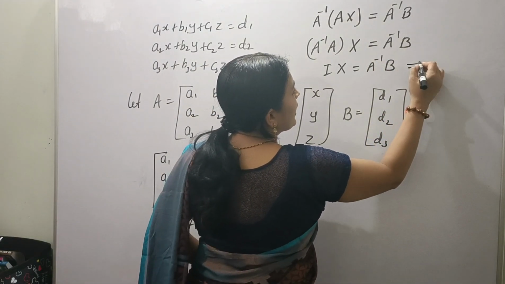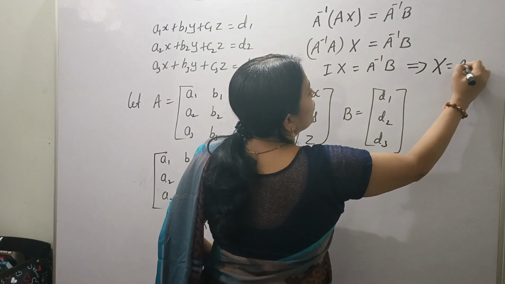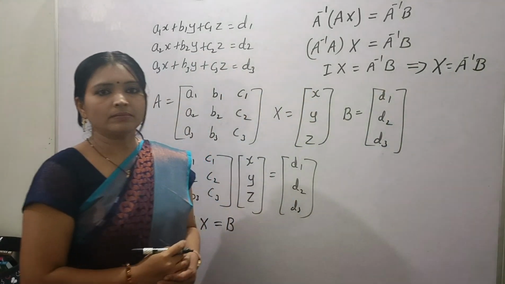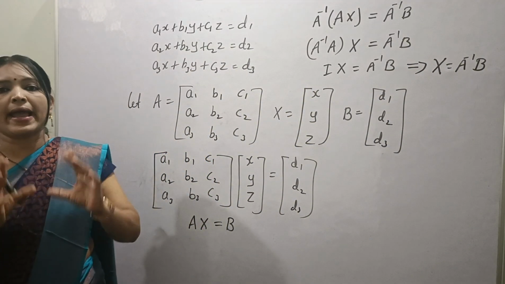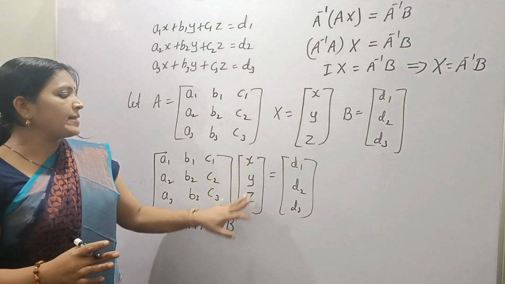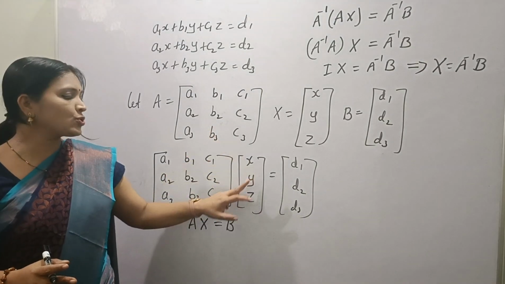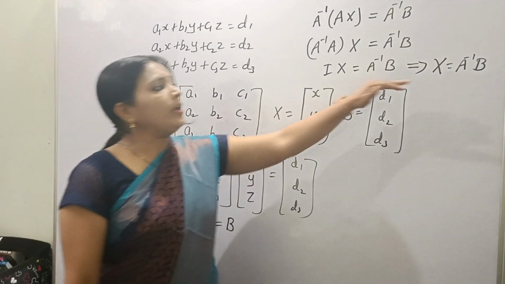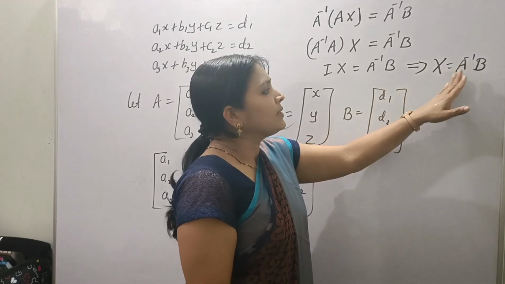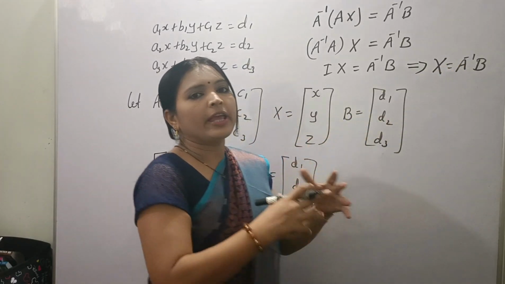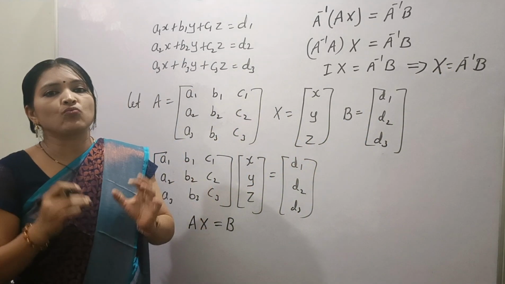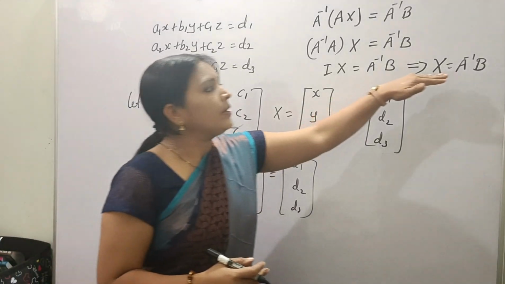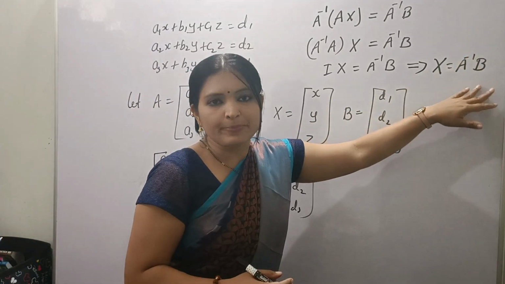So here we can write X is equal to A inverse B. What is X? The matrix X is nothing but the column matrix x, y, z. If we find this, then we can write the values of x, y and z. So here X is equal to A inverse B.